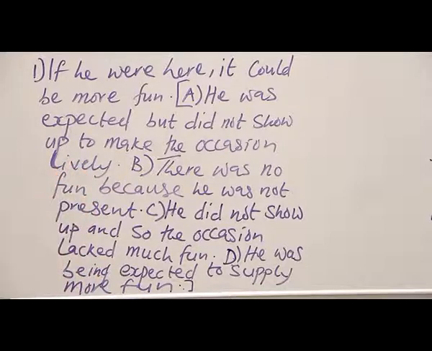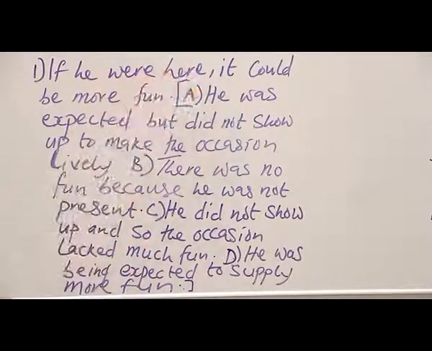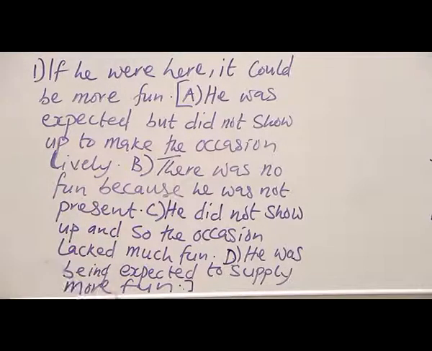What that means is that it could be that he was expected and he wasn't there. But it could also be that he wasn't expected. But obviously, if he was invited and he had come, it would provide more fun. That is what the sentence means. So if he were here is not specific to the fact that he was expected.